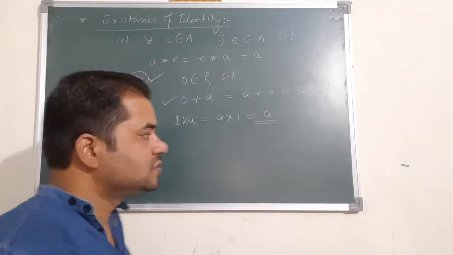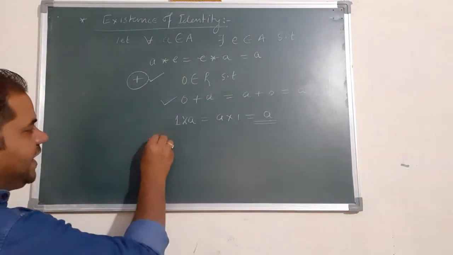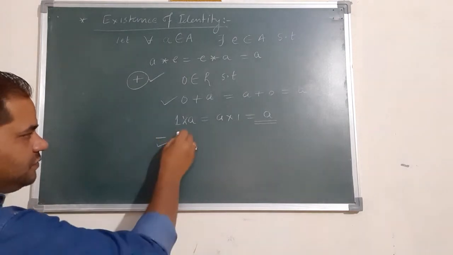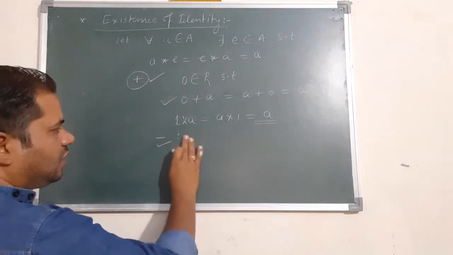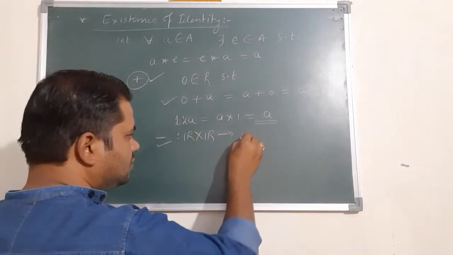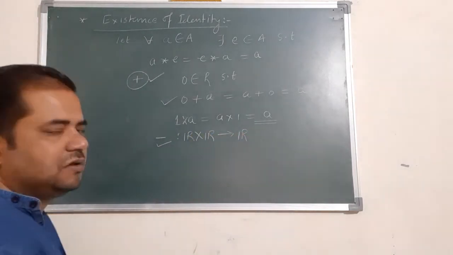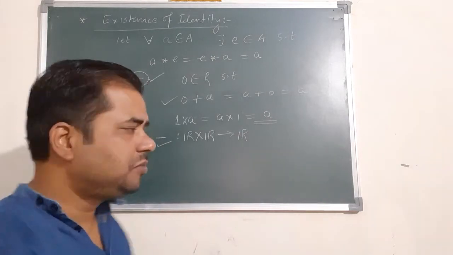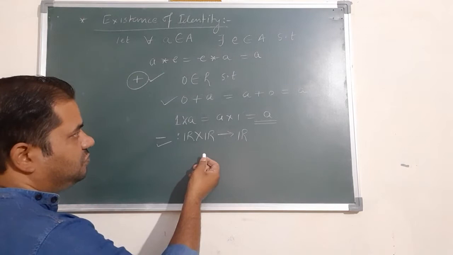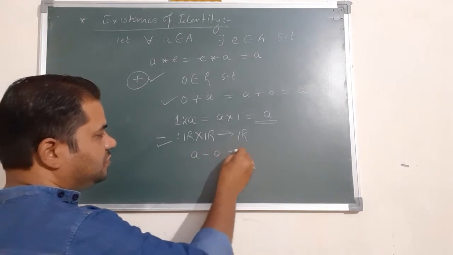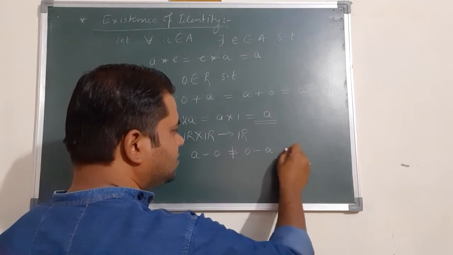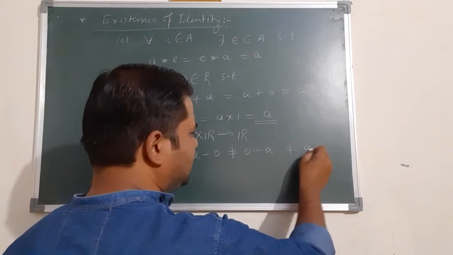So see, what about minus? This is a binary operation from R cross R to R. Is there any identity? There is no identity. Why? Because a minus 0 does not equal 0 minus a, and that does not equal a.